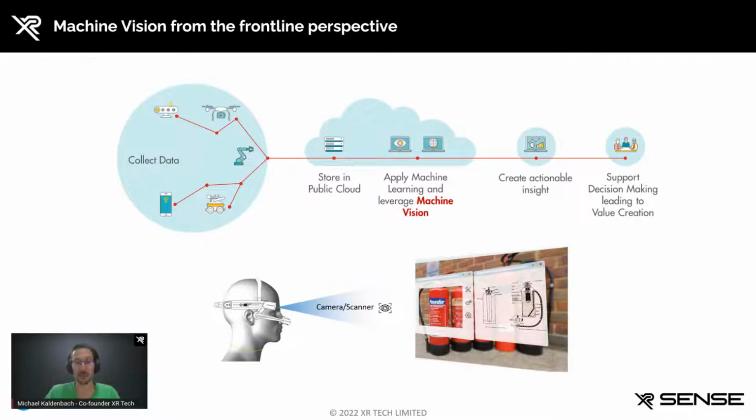But today I wanted to focus on the machine vision because we are at this crossroad with the technology evolution within XR, where the devices are becoming smaller, the onboard capabilities are becoming more powerful. So let's look at machine vision and what it can do. And I'll also share some examples down the line of what we do with that kind of data.